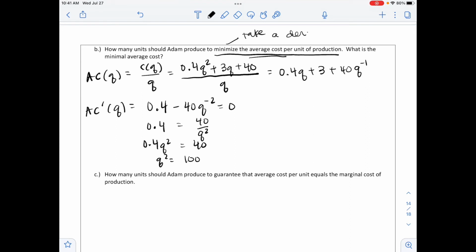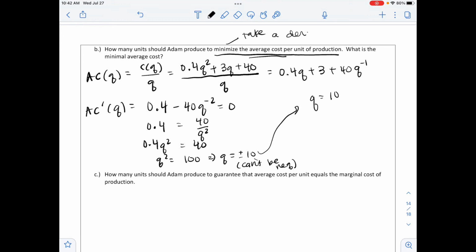Taking a square root, we get plus or minus 10. However, it can't be negative, since our Q value is our quantity, and we can't have a negative amount for our quantity. And so our answer here would be Q is equal to 10.